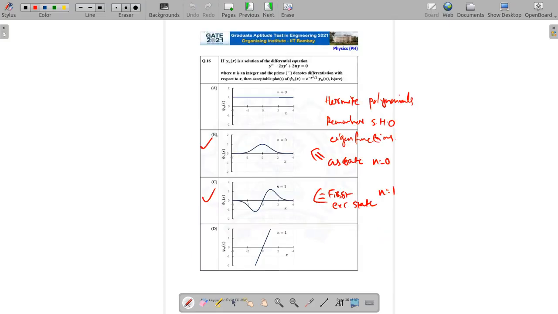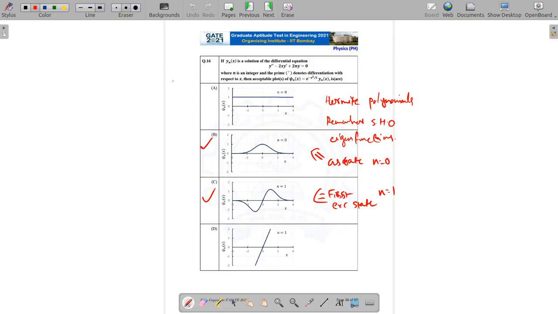Okay, so next one. If y n of x is a solution of the differential equation, y double dash minus 2xy dash plus 2n y equals 0, where n is an integer and prime denotes the differentiation, then the acceptable plots of psi n of x equals e raised to minus x squared over 2 times y n of x. So y n of x are the solutions.